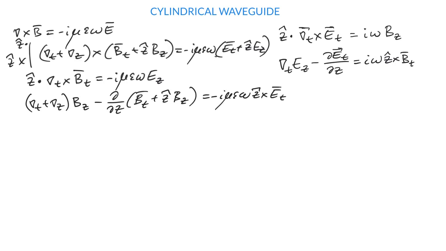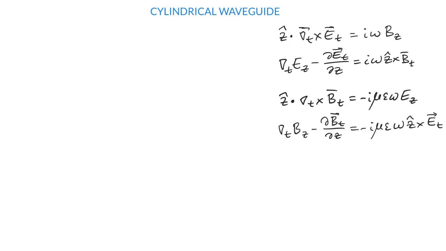Here again, the z components on the left, dBz/dz, cancel out. And we add these two equations to the ones we already have. Finally, the divergence equations are handled rather trivially.